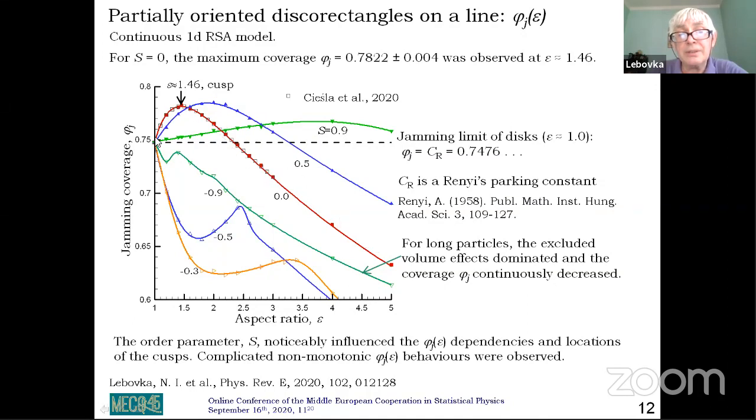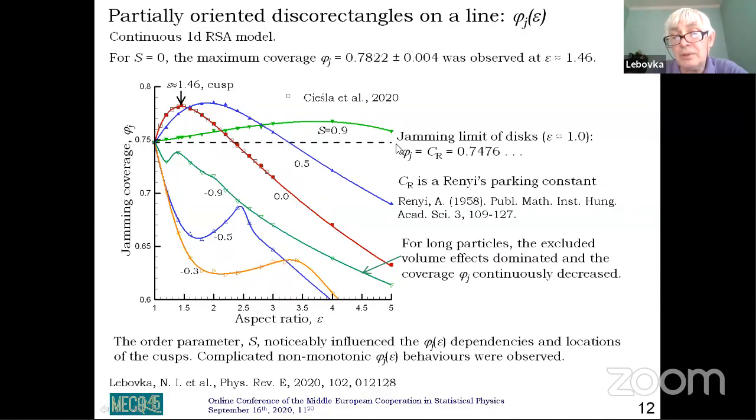We have such very interesting behavior. The jamming coverage goes through a maximum at some aspect ratio. But when we change the order parameter, for example, when we increase it, we observe a shift of this maximum. And for example, for high orientation, it shifts here.